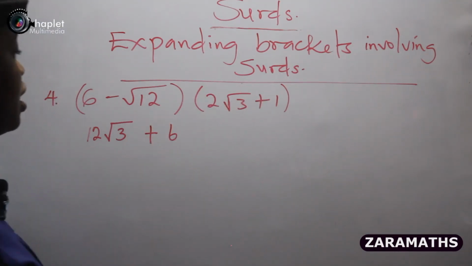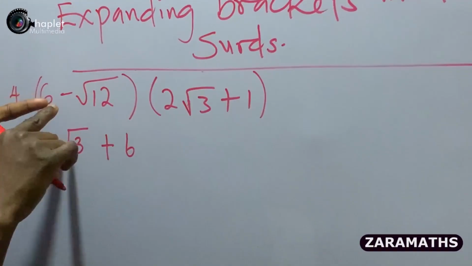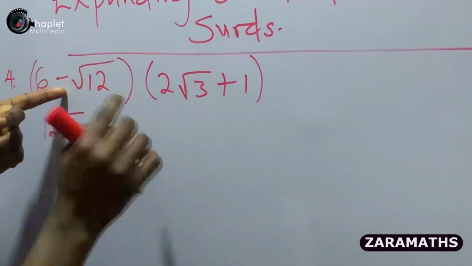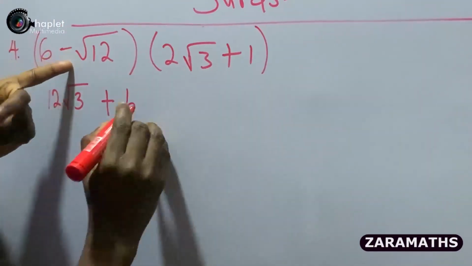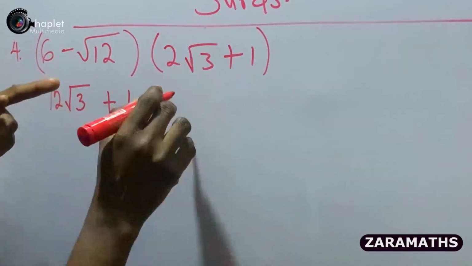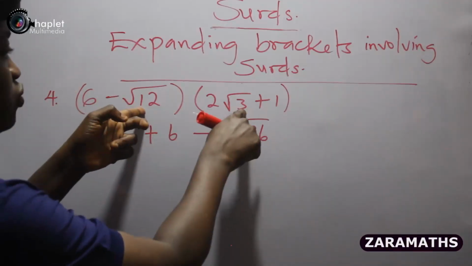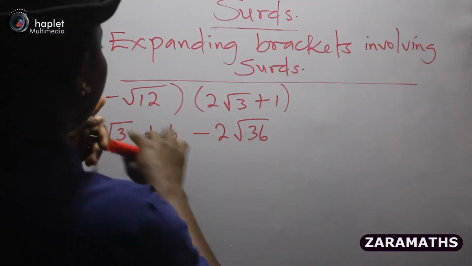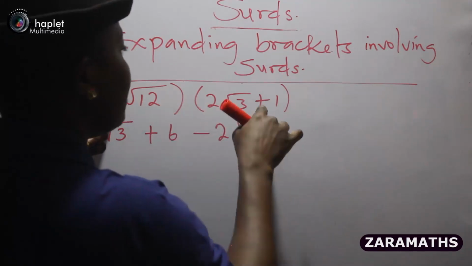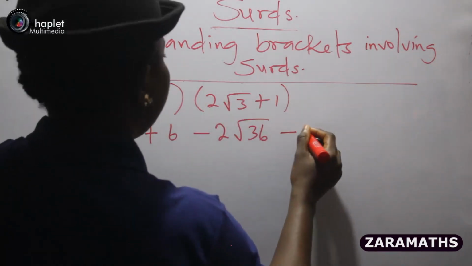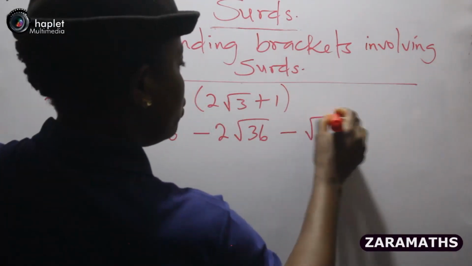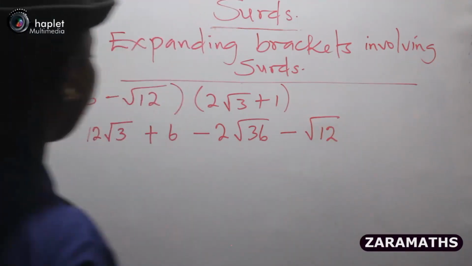Here now we have minus root 12 times 2 root 3 to give us minus 2 root 36. Root 12 times root 3, 36. So minus root 12 times plus 1 will give us minus 1 root 12, which is root 12.